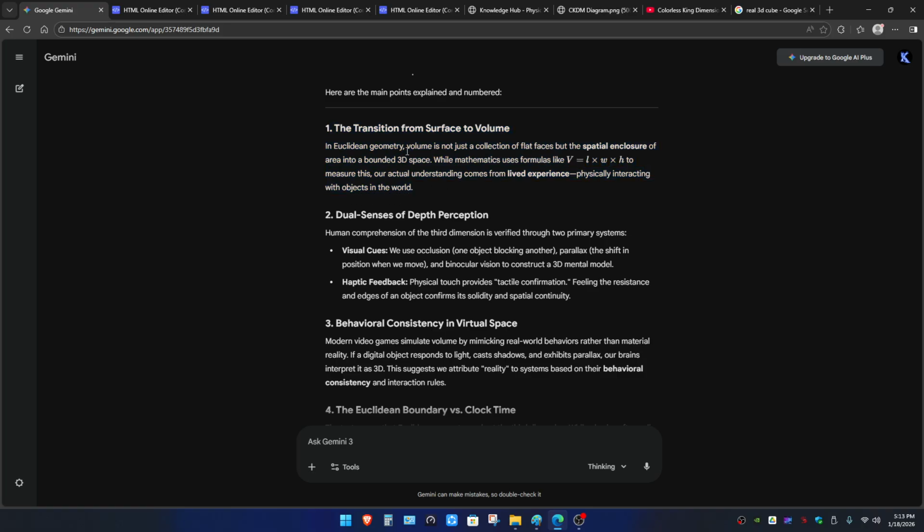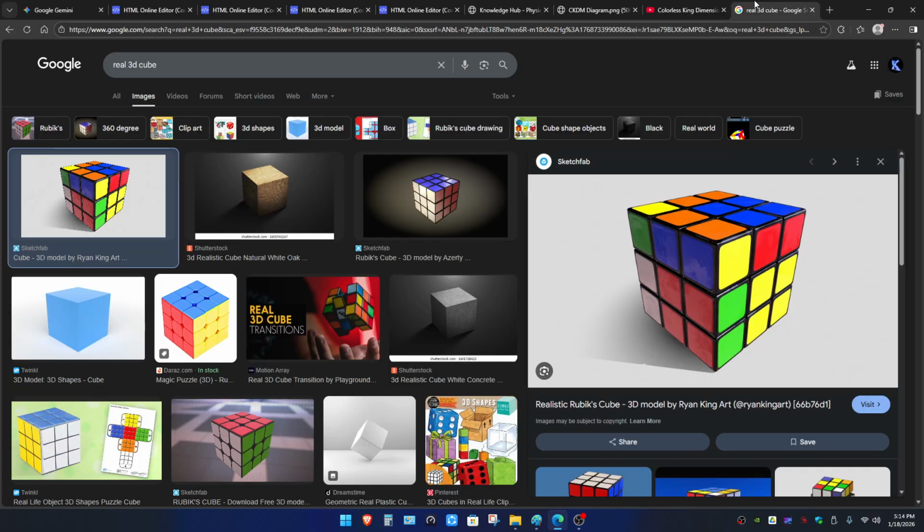In Euclidean geometry, volume is not just a collection of flat faces of a spatial closure. It is an area bounded in 3D space. While mathematics uses a formula like volume equals length multiplied by width multiplied by height to measure this, our actual understanding comes from lived experience and interaction with the object. Let's say this is a 3D object, which it is.